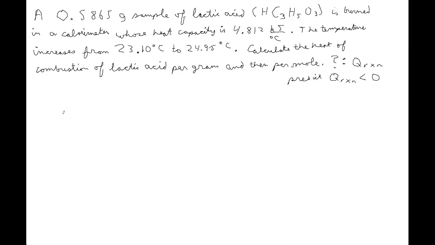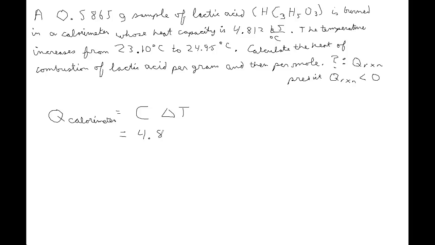So Q calorimeter is equal to C delta T, where C is equal to 4.812 kilojoules per degree Celsius.